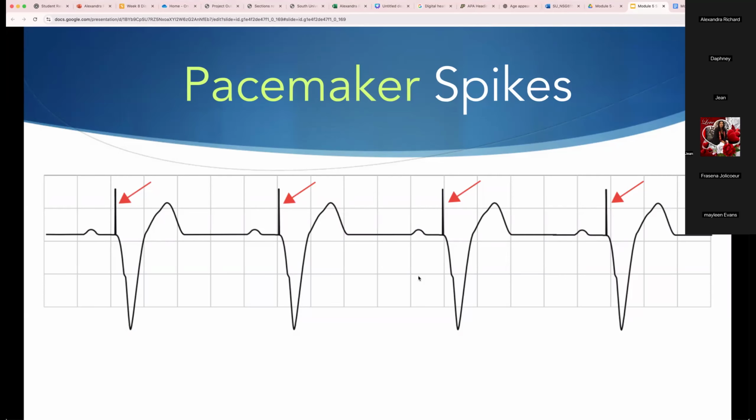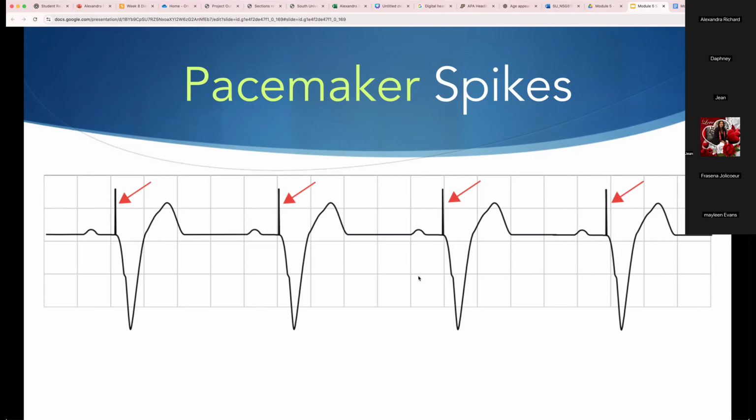So I know that this QRS looks a little different than what we're used to. This QRS looks upside down. And that's because there's different leads that you can get an EKG from. And depending on what lead you get the EKG from, the QRS might look upside down, but it's okay. We're still looking at the ST segment. We're still looking at how long it takes for the QRS to happen.